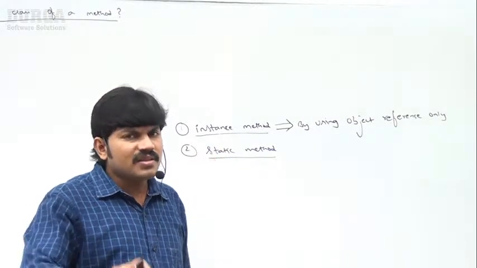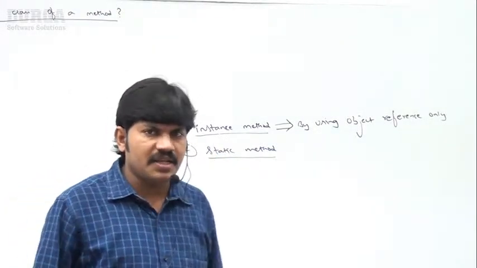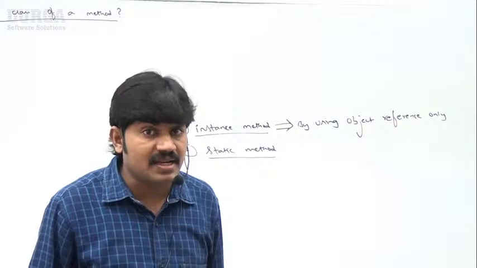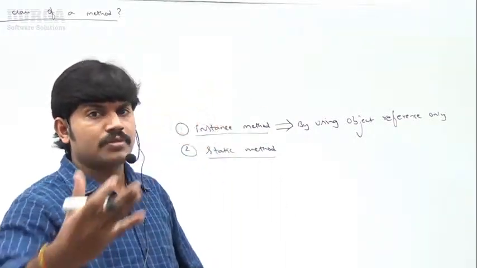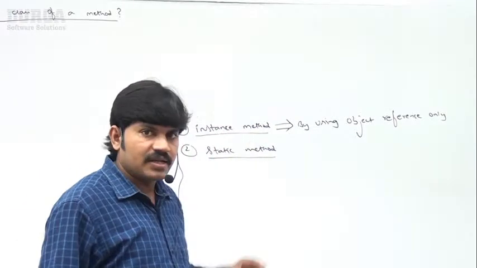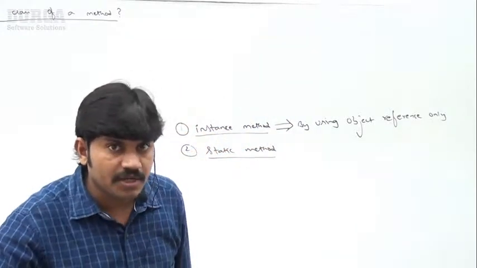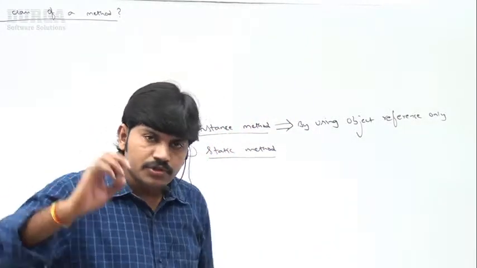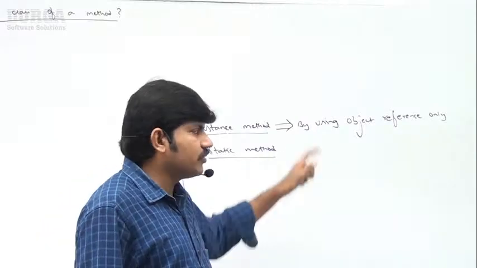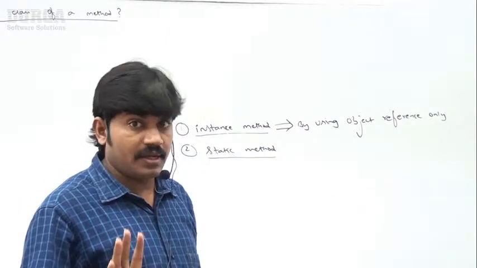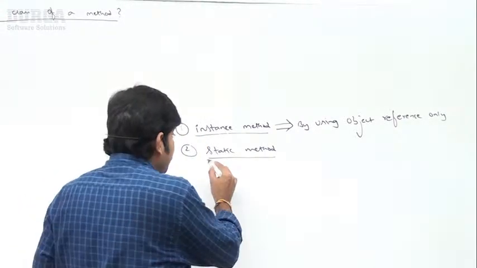Within the class, inside the instance area, you can call instance methods directly. But I'm talking about outside of the class, where the class is already defined and I am using its functionality. Outside of the class, an instance method should compulsorily be called by using an object reference only. Clear, right?